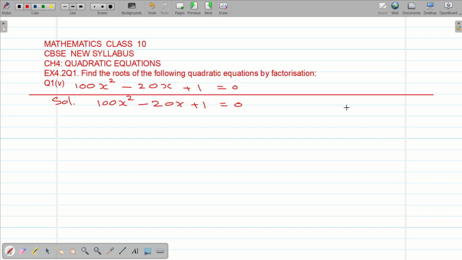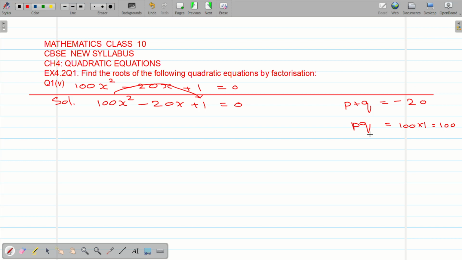For that we have to find out two factors. The sum of the factors should be minus 20, and their product is equal to 100 into 1, that is equal to 100.